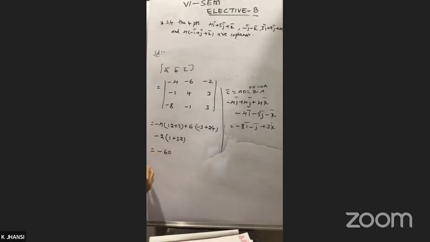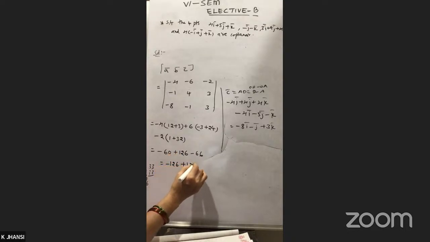This is 21. 21 into 6 is 126, plus 126. 32 plus 1 is 33. 33 into 2 is 66, minus 66. If you add these, you will get minus 126 plus 126. If you cancel out these two, you get 0.